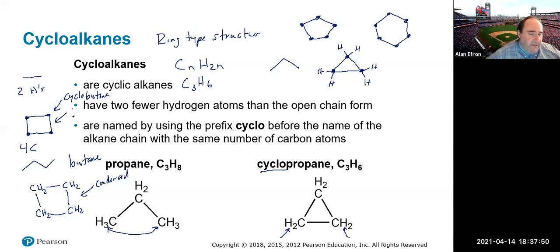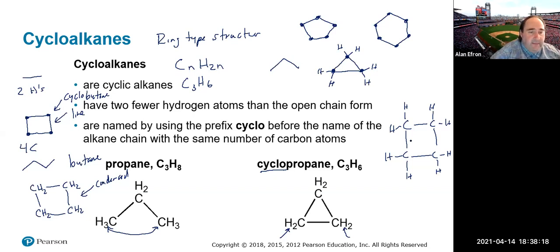This would be the line structure without the little circles at the corners. And then expanded would be everything drawn out, just like this. That would be the expanded structural formula for cyclobutane.